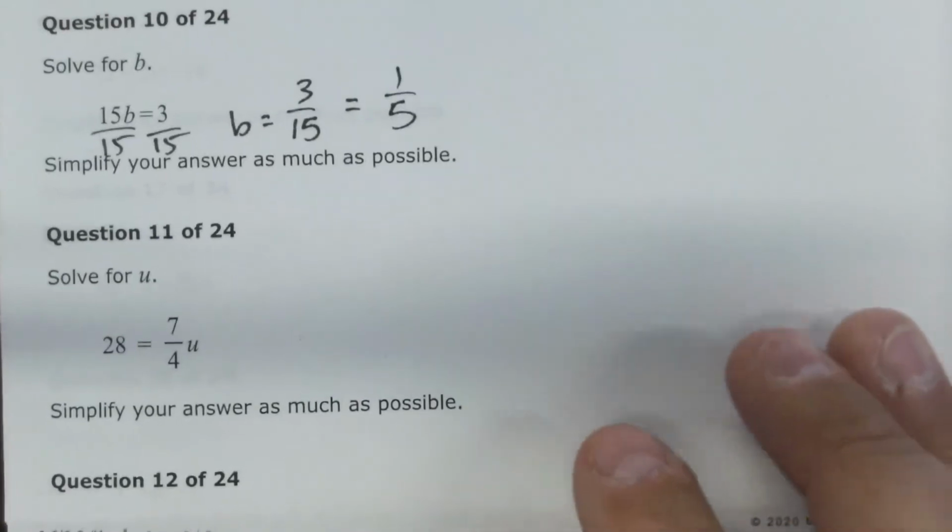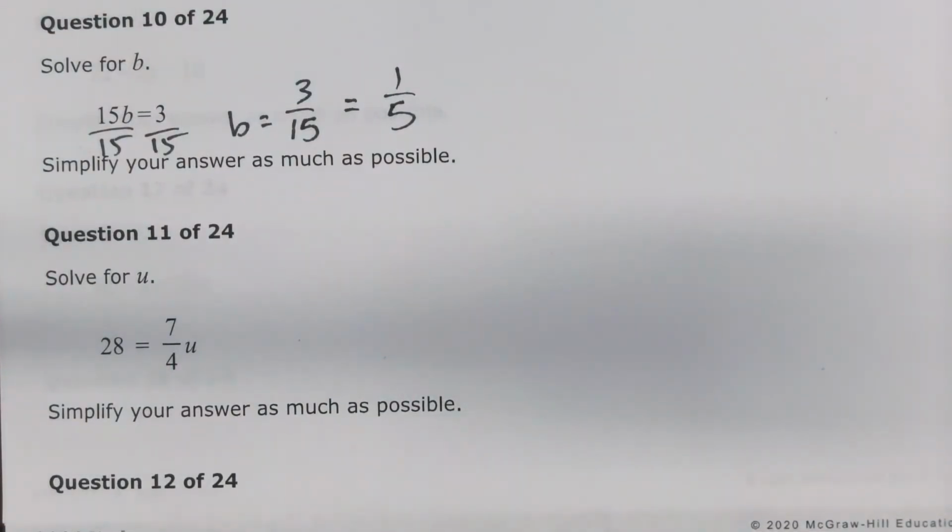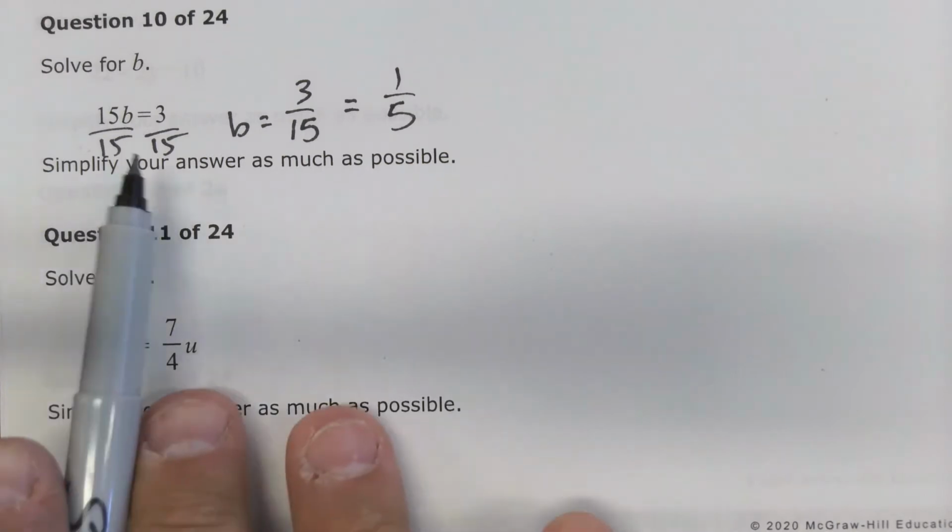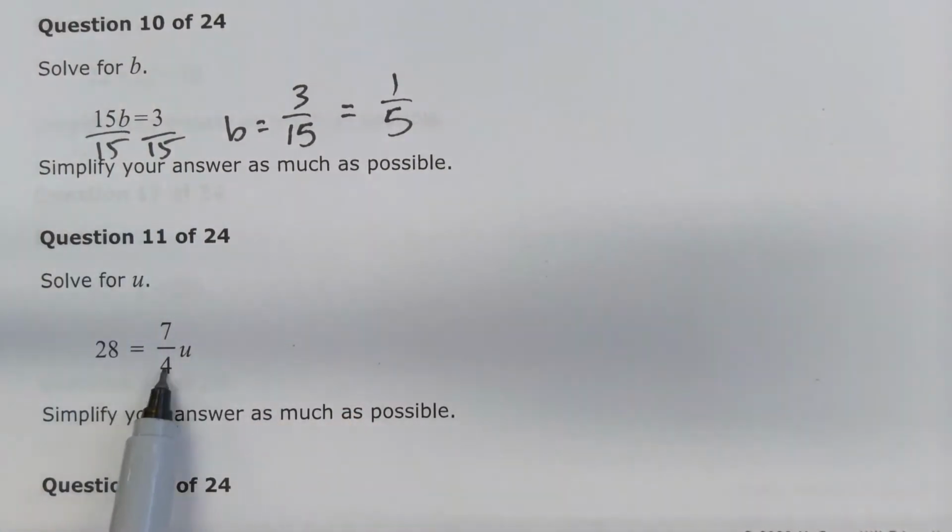Okay. Who could tell me how to solve that right there? Haley. Perfect. So if you ever have a fraction times the variable, what we're doing right here is dividing by the fraction. It's the exact same thing as the problem right above it, except this time we're dividing by a fraction.